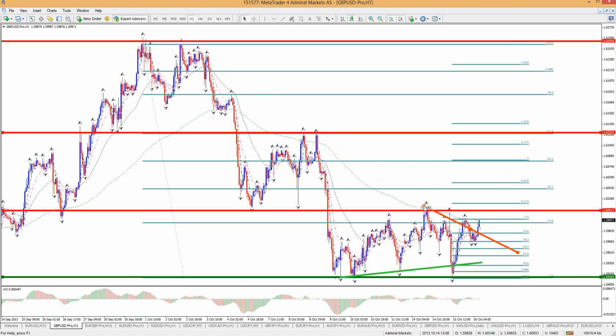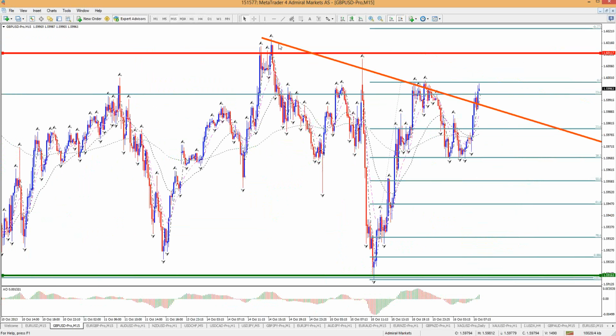Or maybe the best trend line is something like this, just taking the recent tops. We're breaking through that, in fact. It's not something I want to trade, but let's see how far it goes.